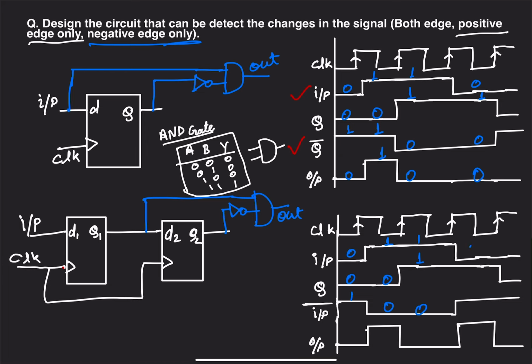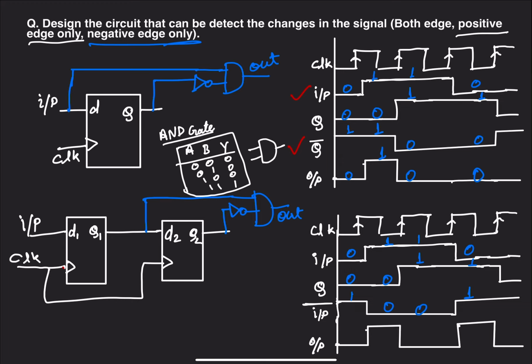And when input is 0, q is 1, and input bar is 1, so the output is 1. For the negative detection, we have to detect only the negative edge. We have to ignore the positive edge.